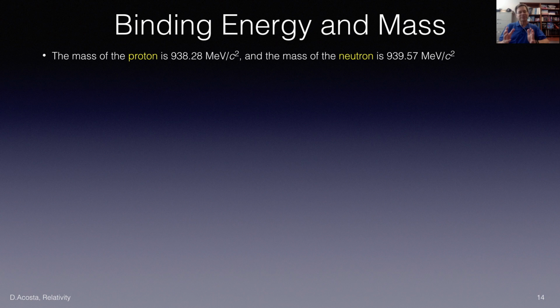We're going to learn more about the nucleus later in this course, but you probably already know that the nucleus is comprised of protons and neutrons. The neutron in the nucleus has a mass which is quite similar, a little bit more, 939.57 MeV per c squared. So if you multiply by c squared, you get 939.57 MeV.